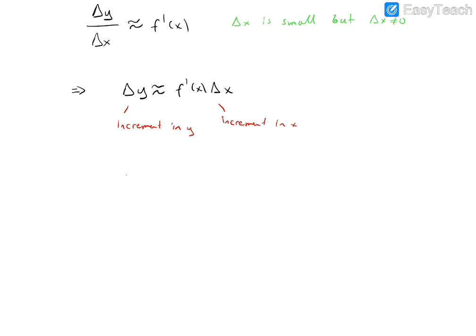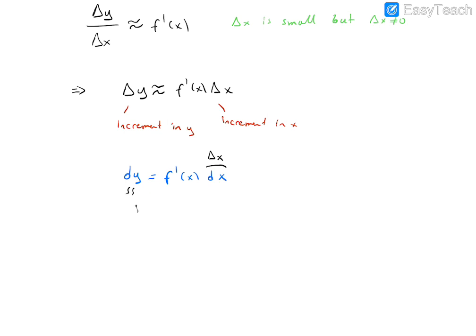We write dy equals f prime x dx. Actually, dx for the one variable case exactly equals delta x. So the increment in x equals the differential of x. But the differential dy is not equal to, it is approximately equal to, the increment delta y.